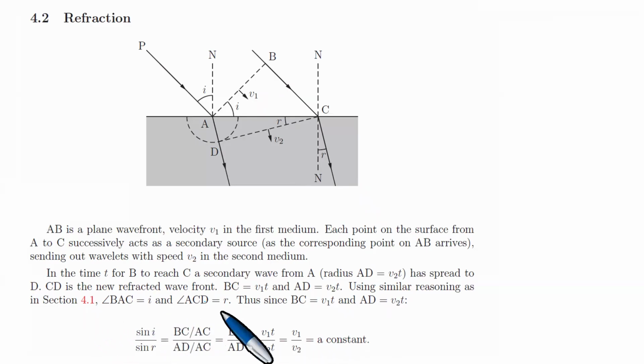Using similar reasoning as section 4.1, angle BAC is the angle of incidence, and angle ACD is the angle of refraction.